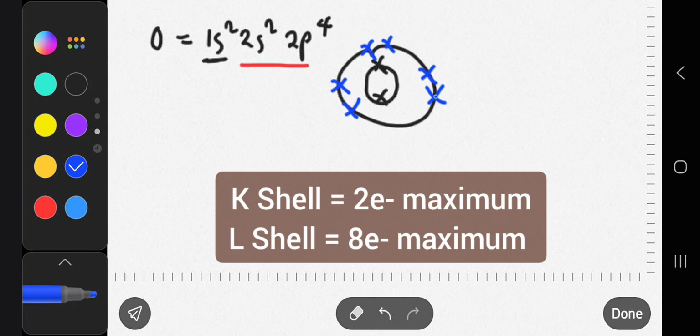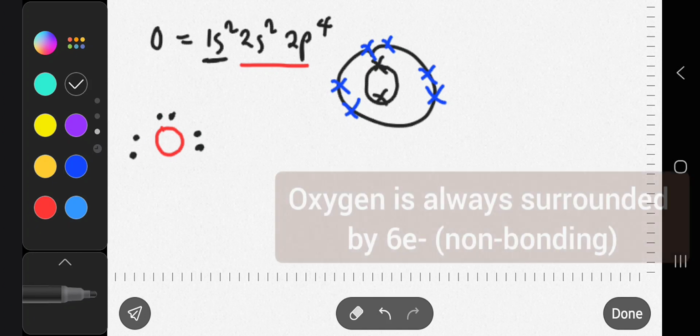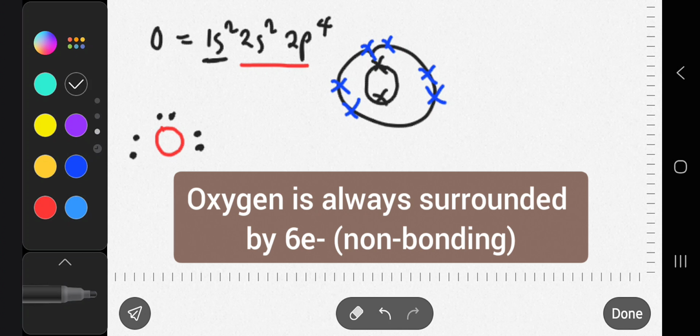If you look closely, in the valence shell we have 6 electrons there. So what this means is that oxygen is always surrounded by 6 electrons: 1, 2, 3, 4, 5, 6. So that is how we come about these electrons residing on the atom when we are writing reaction mechanisms.